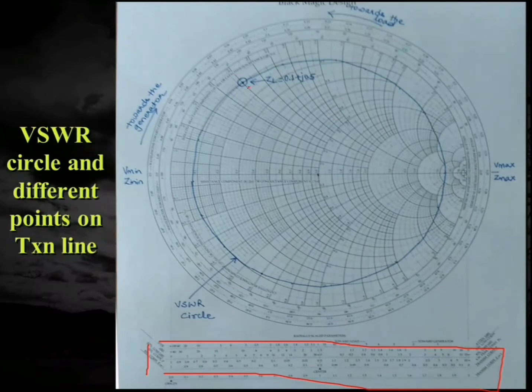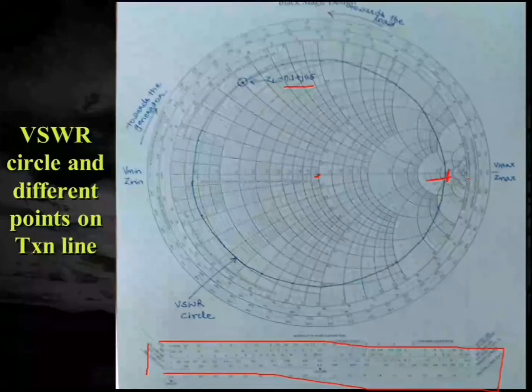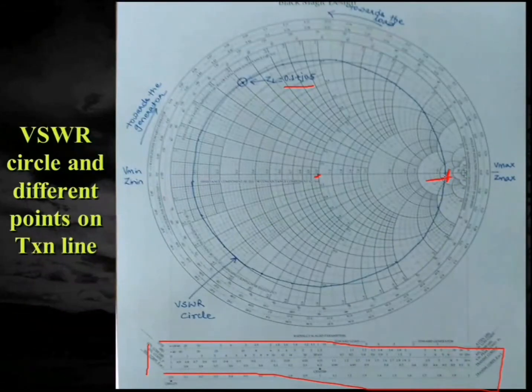For example, in this example, as I have obtained the value of ZL equal to 0.1 plus j0.5 earlier, by extending my compass from the center 1.0 to this point, I will draw this circle, and I will see here that this point is also giving me the value of the VSWR. If I read over here on this line, this point is almost equal to, I think, 12.